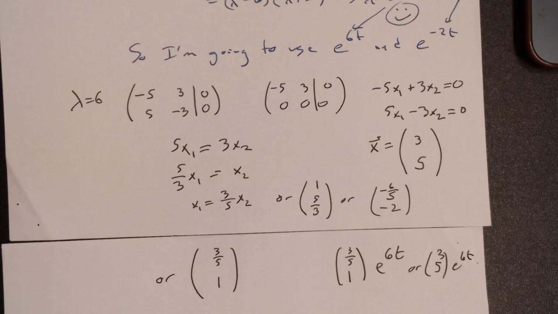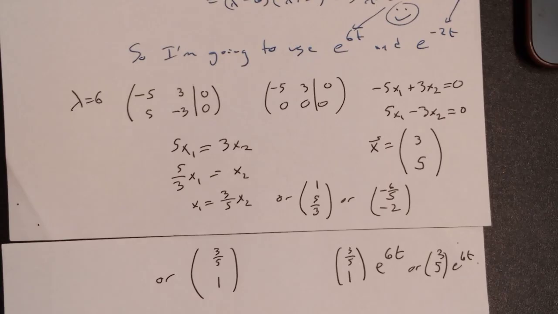As a matter of fact, if you go back and look at our original solution, what one did we use? Which vector did we use with the e to the 6t?